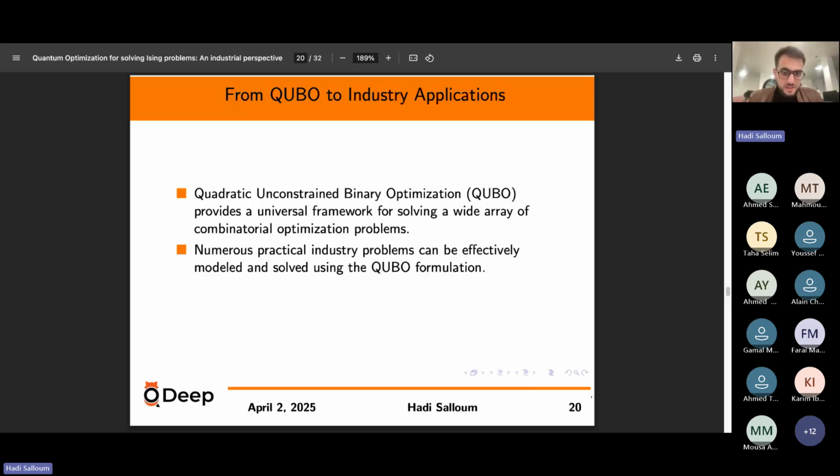That's why QUBO is very interesting for all companies, because it's QUBO, because it's Ising. It's the first way to see if we can use quantum to show some advantage. The first thing that has the potential to show quantum advantage is solving QUBO.